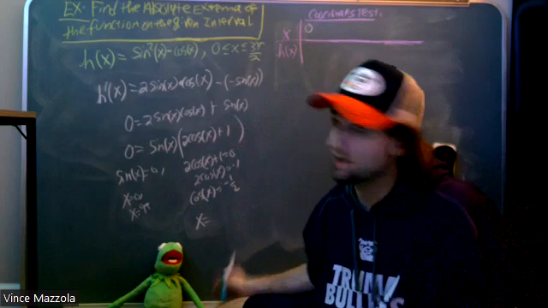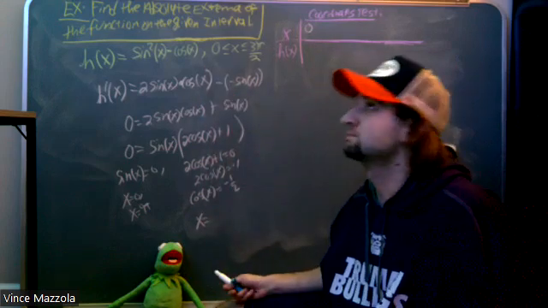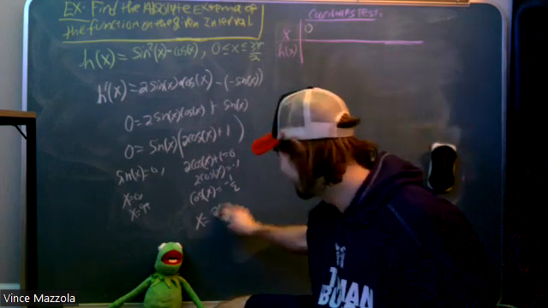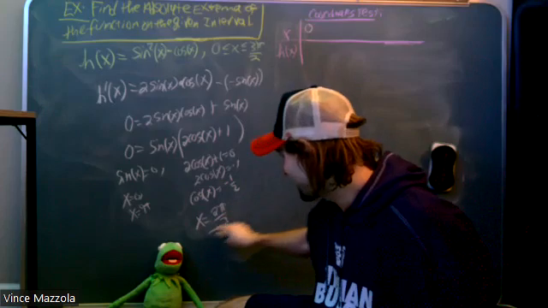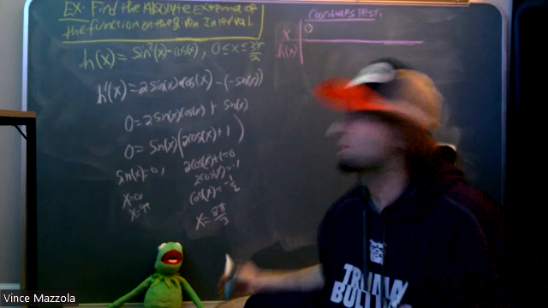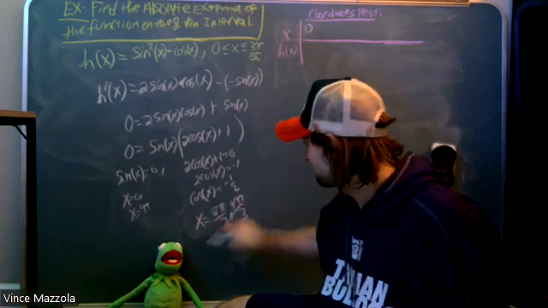It's going to be negative in quadrant 2 and 3. So x is equal to, oh boy, 2 pi over 3, and then x is also equal to negative a half at 4 pi over 3, the one in quadrant 3.